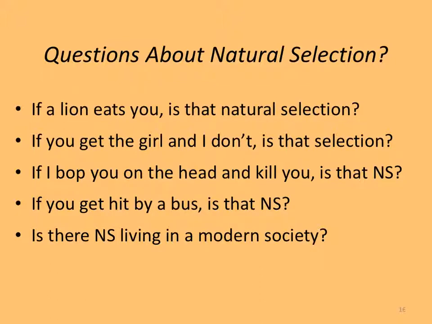Is there natural selection living in a modern society? Yes? No? Okay. So, what kind of selection is going on in a modern society? Think about how our ancestors lived for most of human history.